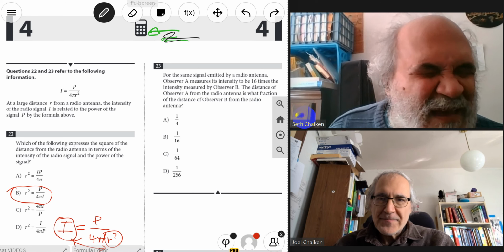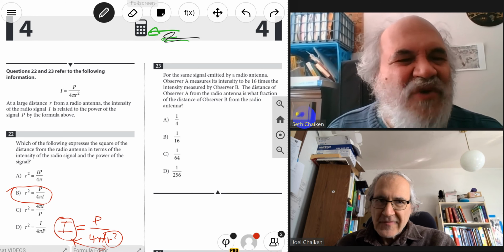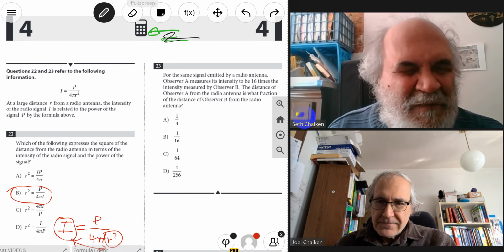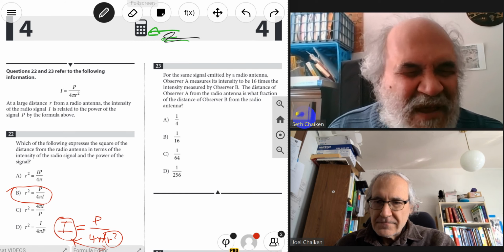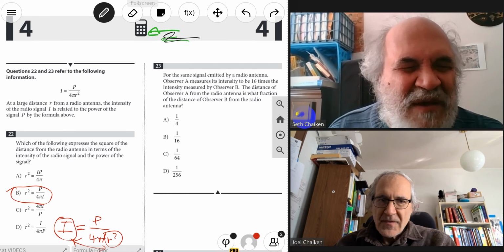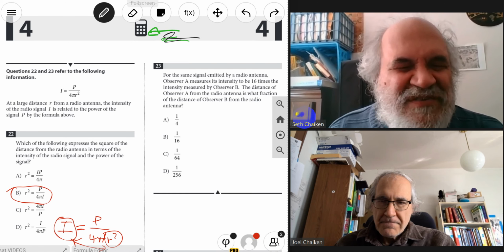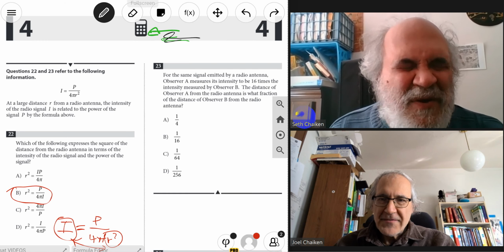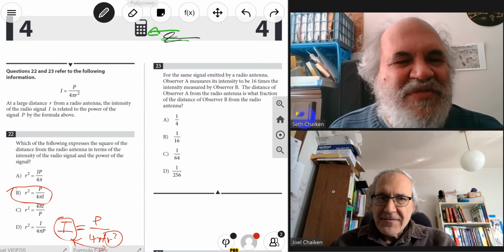But given that there's only one choice with I in the denominator, you could make the assumption that one of the choices in every SAT question is correct, that the questions are not faulty. Obviously. So that's how I thought of it.